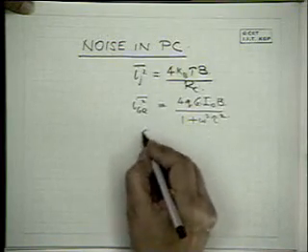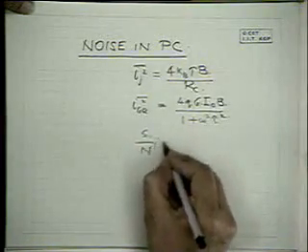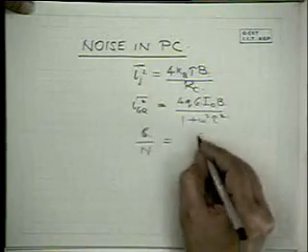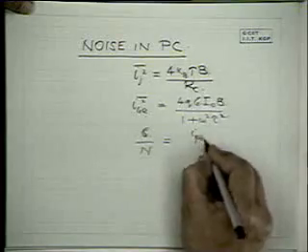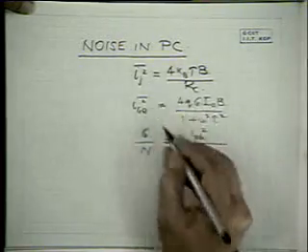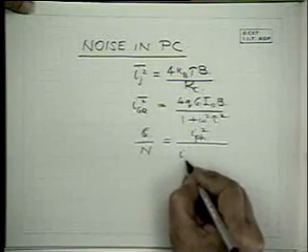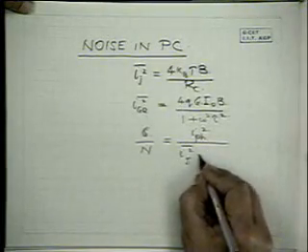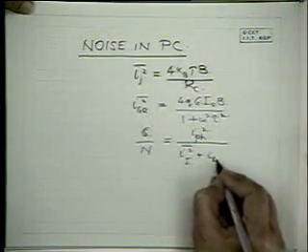So for the signal to noise ratio, the signal has fluctuations in photocurrent Iph squared, and the noise has these two contributions, Ij squared plus Igr squared.